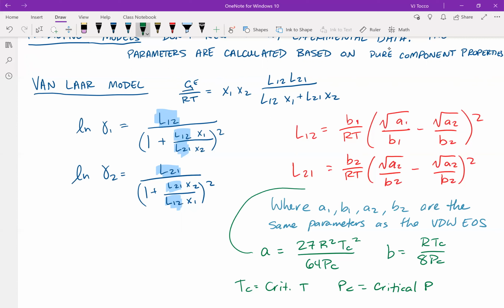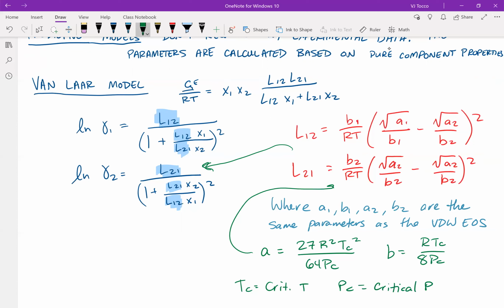Then you plug these into this equation to obtain your L's, and then you plug these L's into this equation to get your gammas, and then you plug these gammas into your Raoult's laws to finally find the dew point and bubble point pressure. So that's 3 levels of modeling that you have to do, but nowhere in there did I require any sort of experimental data. Now, the Van Laar model is, again, not very accurate.